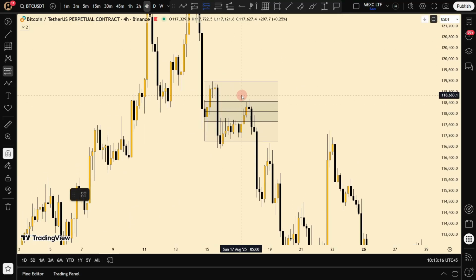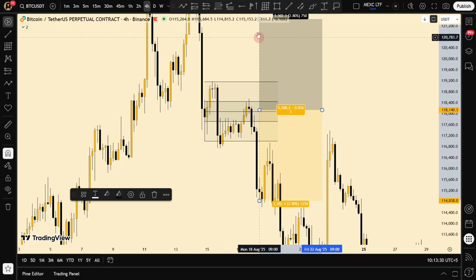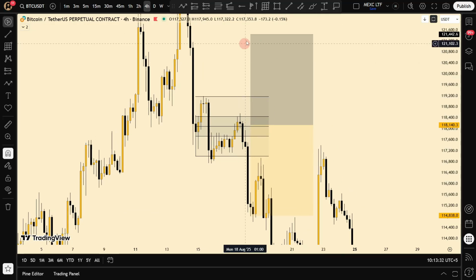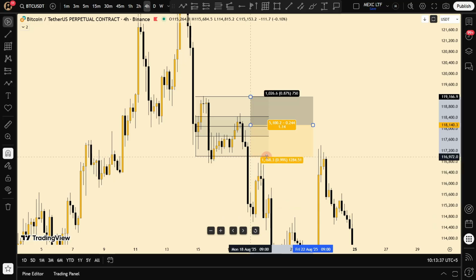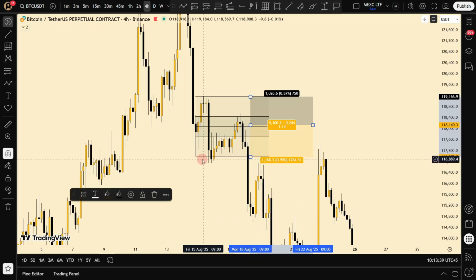You see, it taps the 66, goes back below. But in this case the zone is pretty small, the target is pretty small, the low is pretty small. But again, enter the midpoint and target the low of the zone.